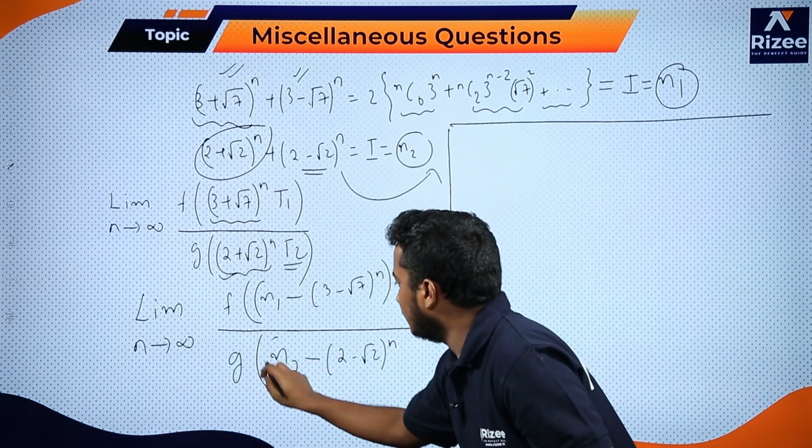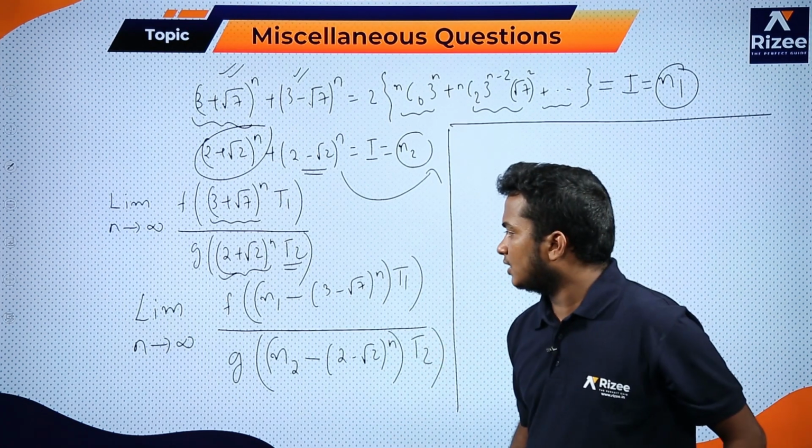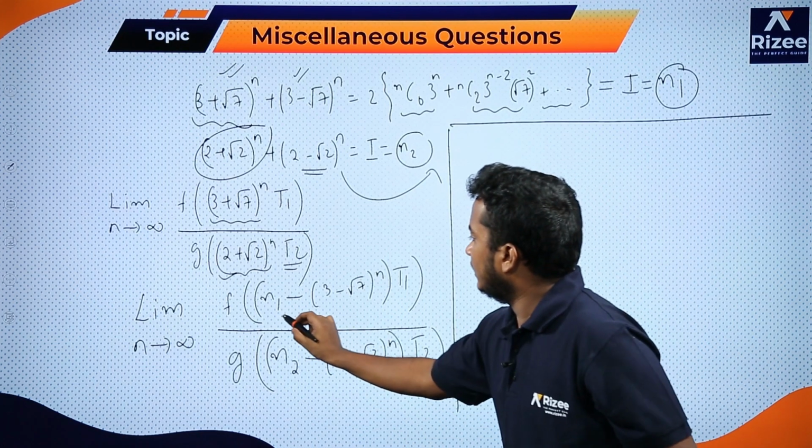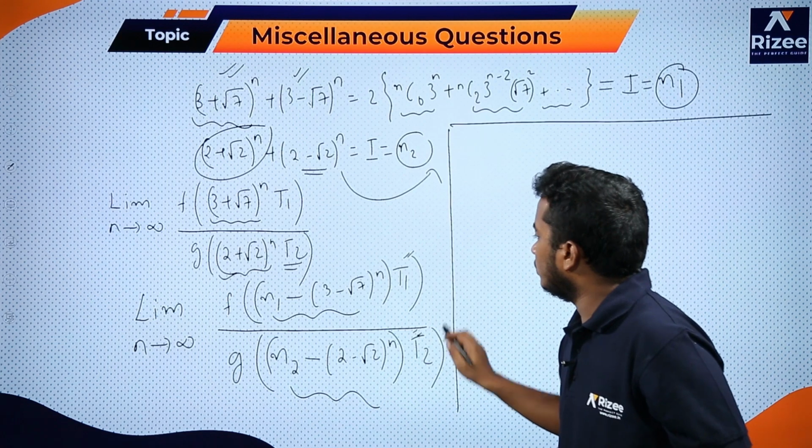So I will multiply this quantity with t1 and this quantity with t2.